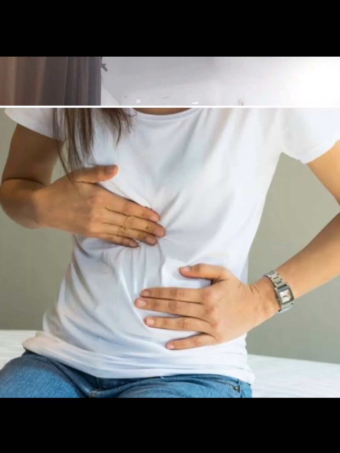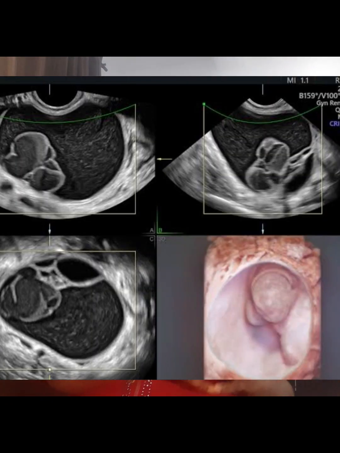Functional cysts are normal. However, they may present with discomfort when the size is above 8 centimeters. They can present with discomfort on the side where the cyst is. They may grow bigger in size, and because they have grown bigger, they may have a stalk, and they may twist on each other. And when that happens, it may affect the person's ability to have sexual intercourse and to get pregnant.